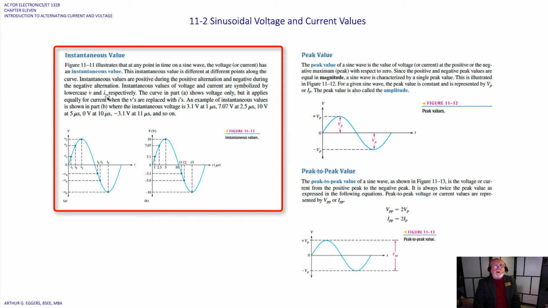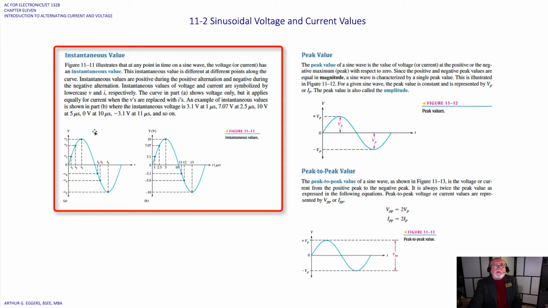Now we have to start using a lowercase letter, and typically that lowercase letter has a parenthetical expression behind it identifying the measure, in this case in seconds along the horizontal axis, in volts, microvolts or millivolts in the vertical. The curve in part A shows voltage only but applies equally to current, where the v's are replaced with i's. Okay, so all of those v's would become i's.